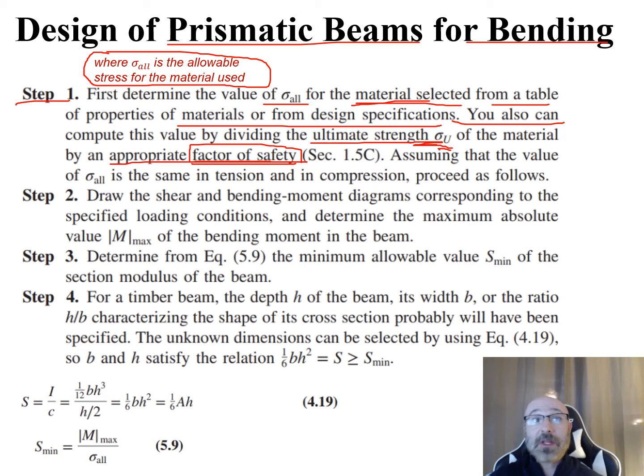Now, assuming that this value for sigma all, the allowable stress, is the same in tension and in compression, if that assumption holds true, then we can proceed with the following steps. In step 2, we draw out our shear and bending moment diagrams corresponding to the specified loading conditions, and then determine the maximum absolute value, M sub max, of the bending moment of our beam.